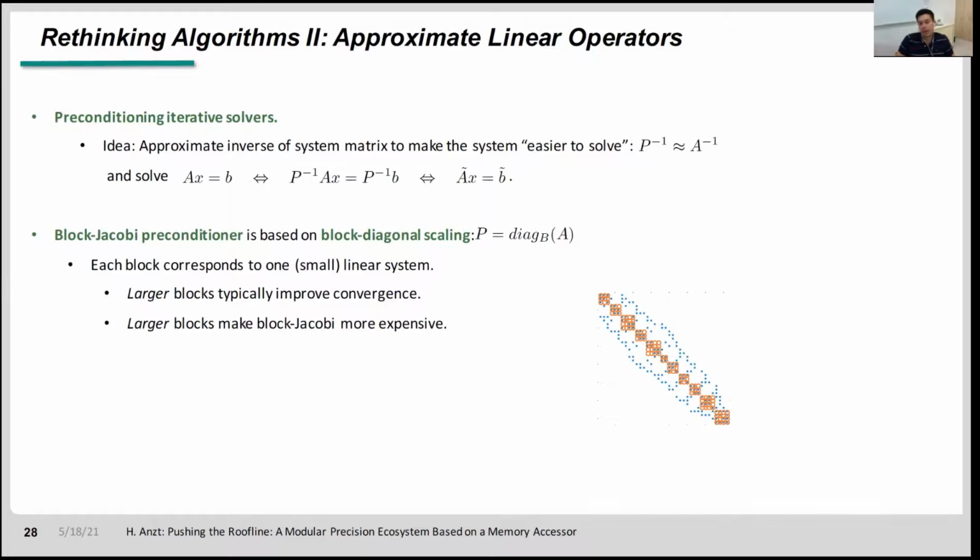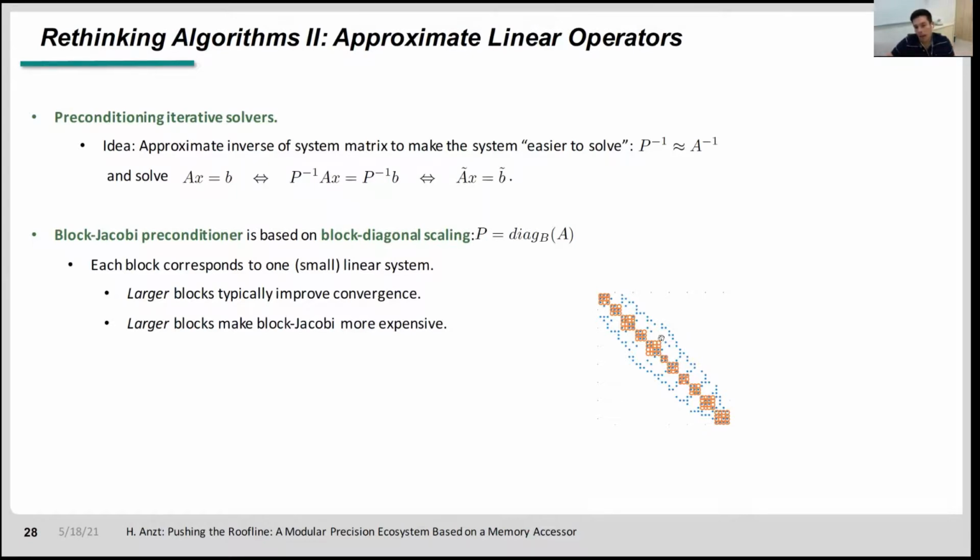And one example of a preconditioner that is often only a rough approximation is the block Jacobi preconditioner. The block Jacobi preconditioner basically looks at a linear system, identifies blocks that lie on the main diagonal, inverts them, and pretends, well, that is a rough approximation of the matrix inverse. And it's true.